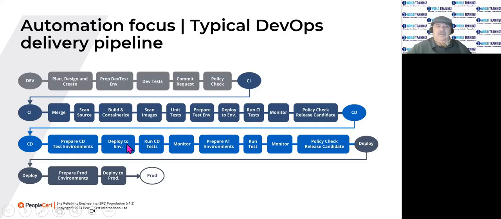So you'll deploy to those environments, run whatever system level and delivery level tests you have, and monitor those results, looking for things like performance degradations. Finally, do a final acceptance test. So prepare the acceptance test environment, run those tests, and monitor the results during acceptance testing. This might even involve a third party in validating the results.